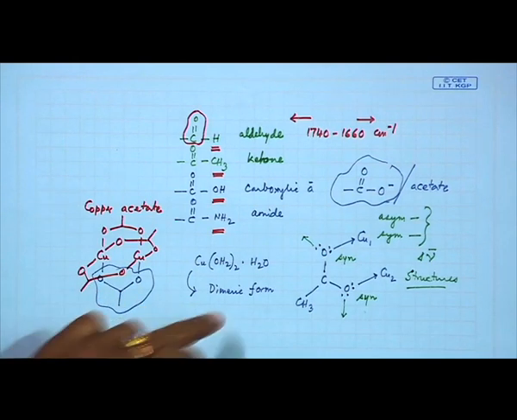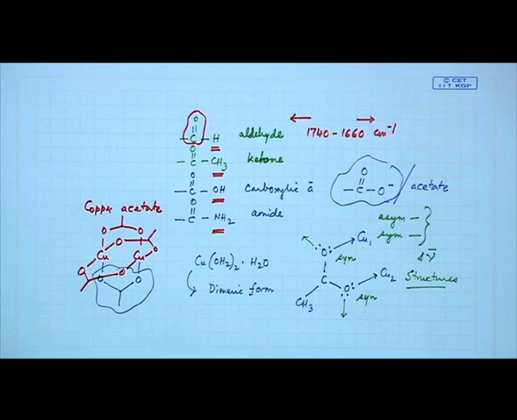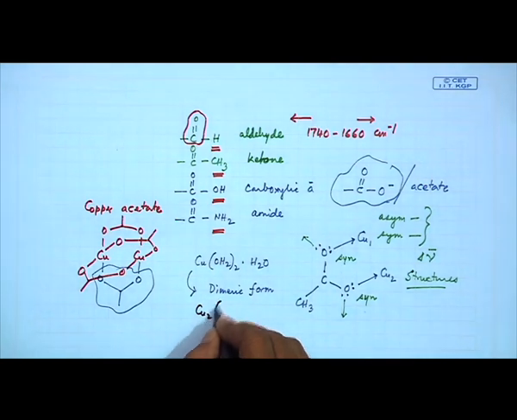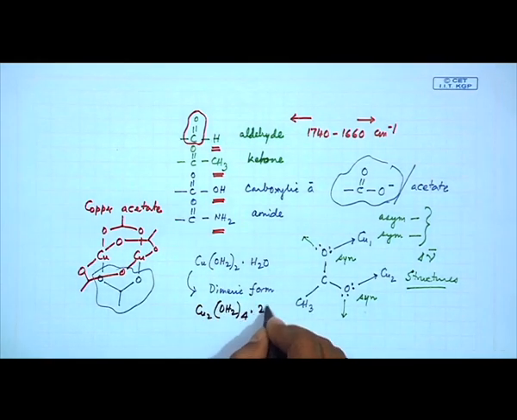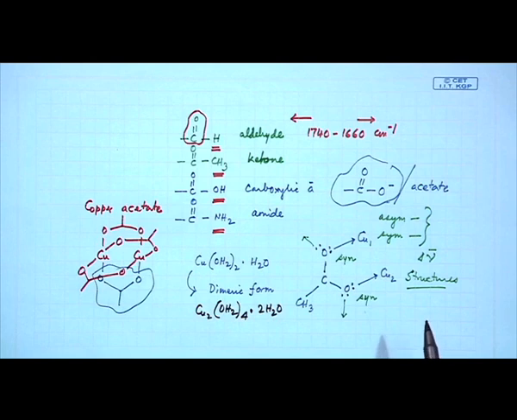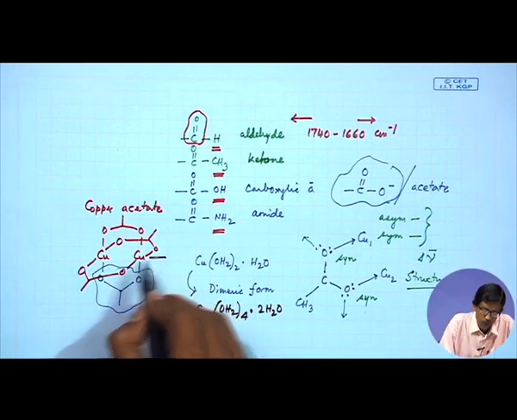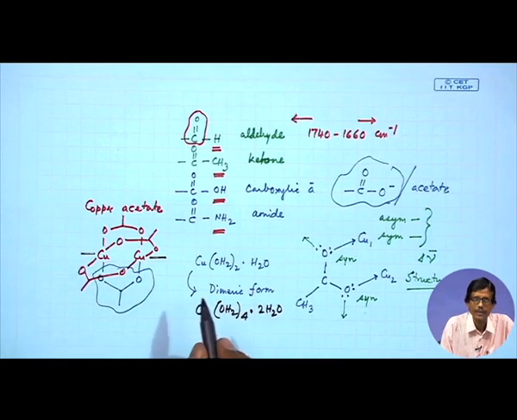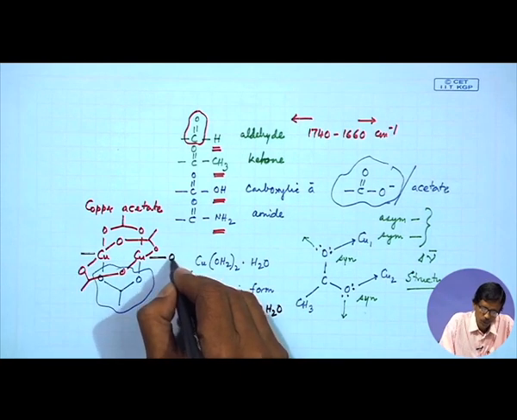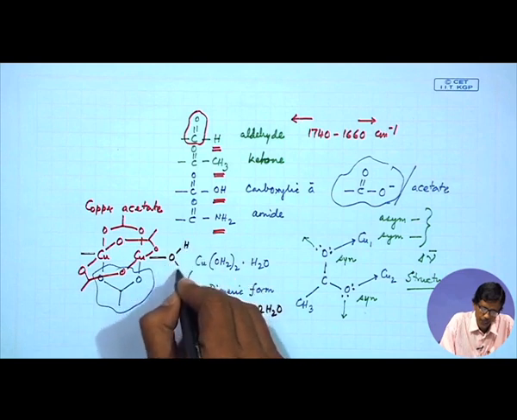So, we get this as your dimeric form, and in this dimeric form the formula will be Cu2(OH2)4 and 2 water. These 2 water molecules, in the molecular formula we write as center dot 2 H2O, but they are basically bound to these two copper centers. So, this will be your OH2.